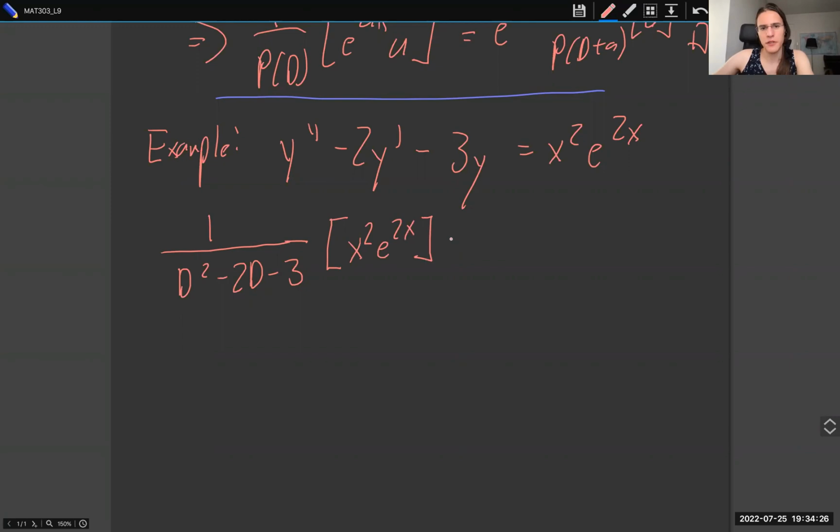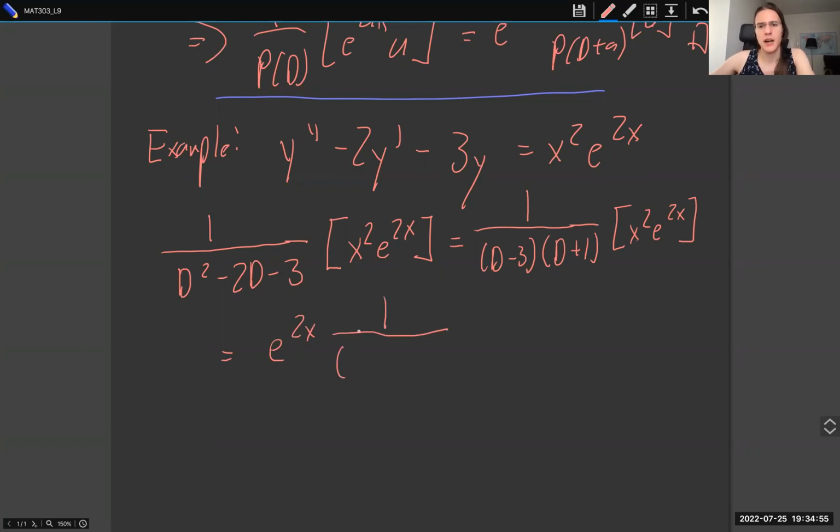So by the exponential shift theorem for inverse operators, this is e to the 2x. And I'll just factor it for simplicity, which is e to the 2x by 1 over, then we get D plus 2 minus 3, so D minus 1, and then here we get D plus 2, so D plus 3.